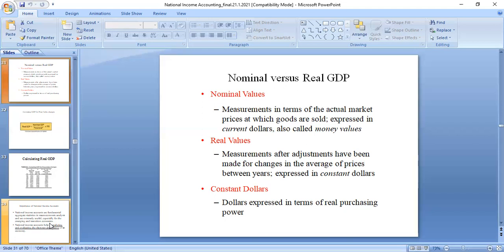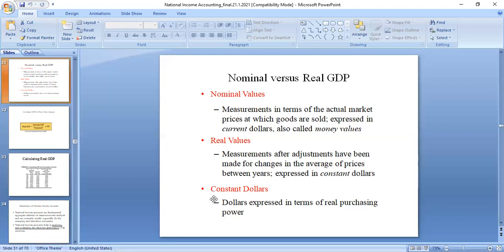Then when we talk about real GDP, we are basically looking at adjusted GDP figures at the average prices between years. We are looking at the GDP figures at average prices that have been calculated between years, right?